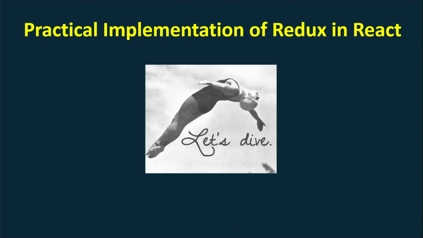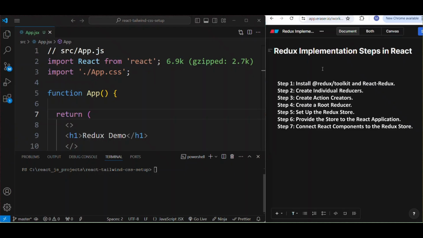Coming to the practical implementation of Redux in React, let's dive into the action and start implementing the Redux state management tool in React. Let's move to the VS Code editor. The first step in Redux implementation in React is installing Redux Toolkit and then React Redux.